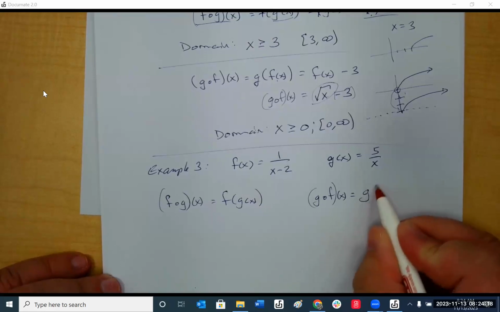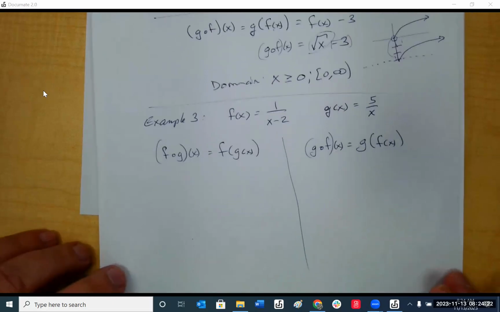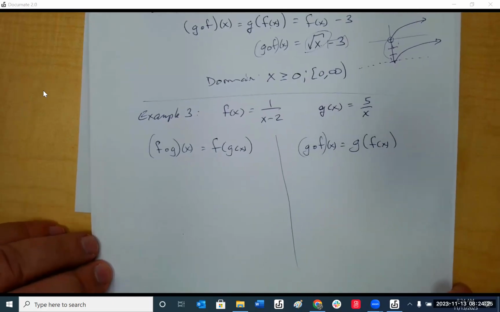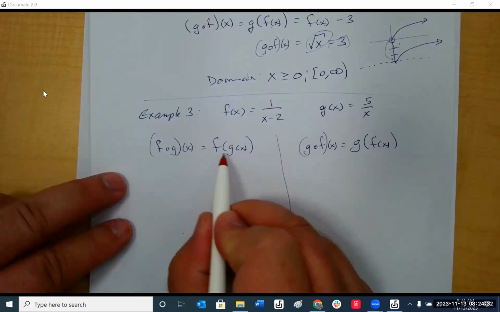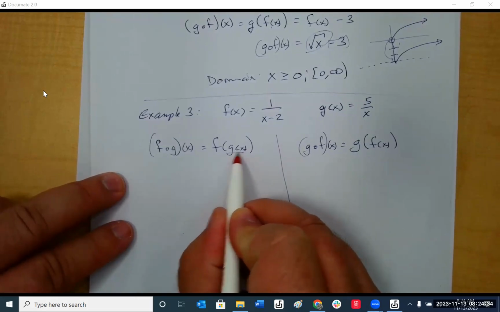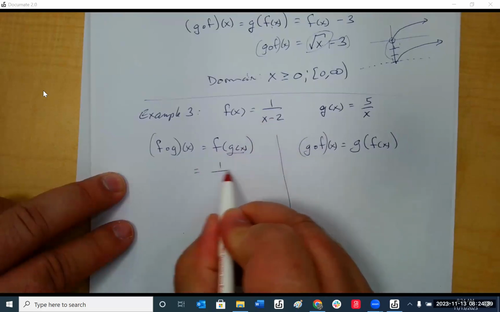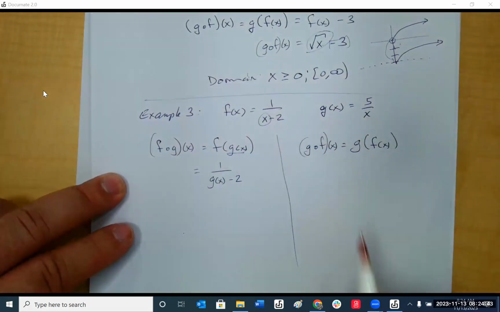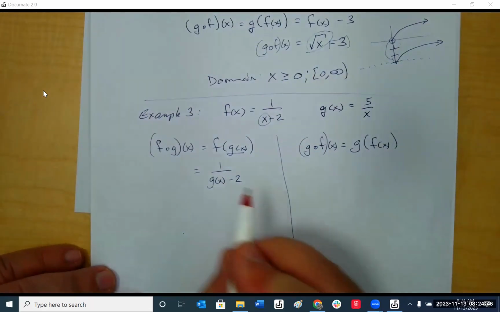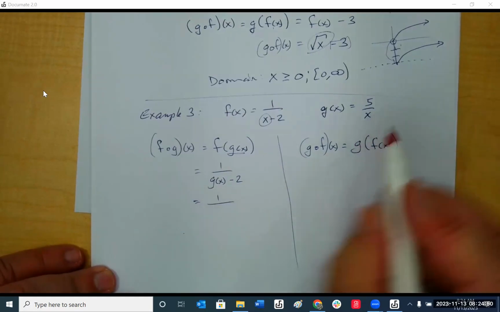This is g of f of x. All right, so the first one, f of g of x. In my function f, anywhere I see an x, I put a g of x. So I put a g of x there. What is g of x? g of x is 5 over x.